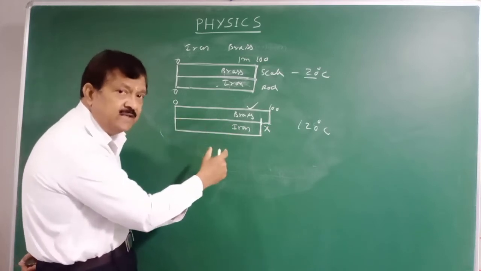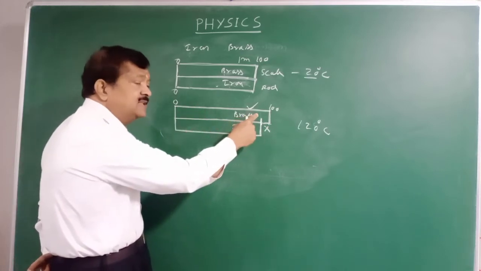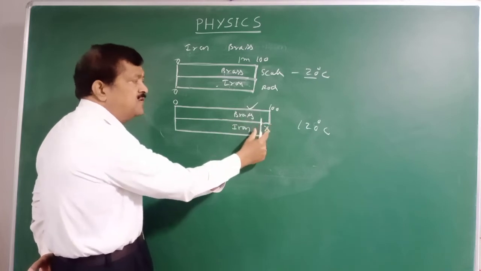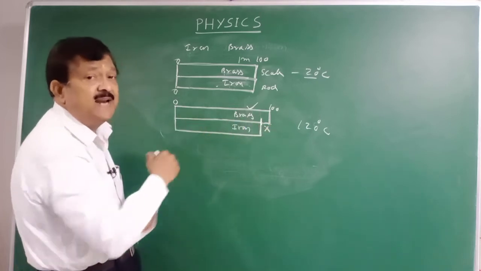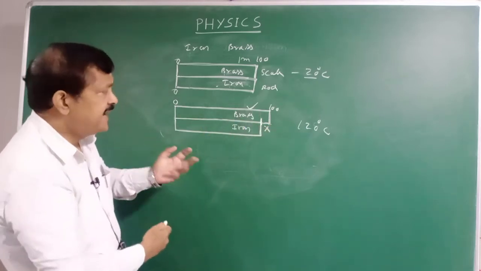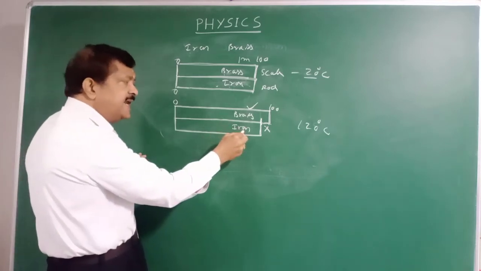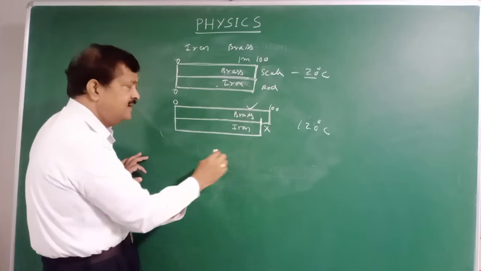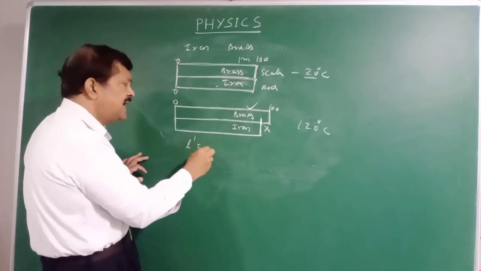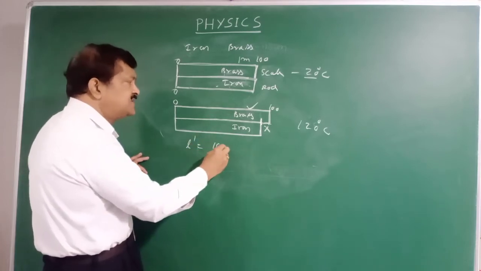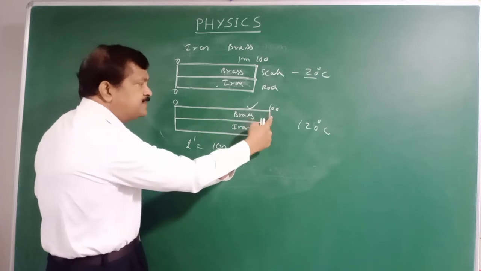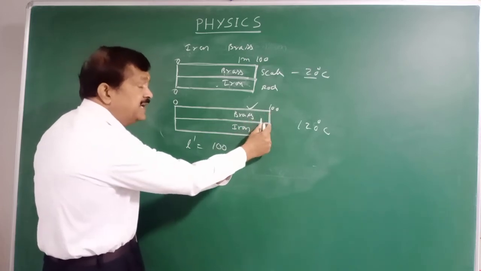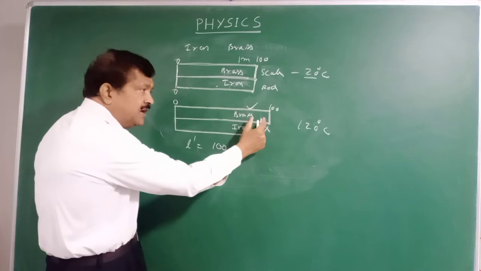Therefore, the length of the iron rod is smaller than the length of the brass scale by the same amount x, which is the differential expansion. Very clearly, if you want the length of this iron rod as measured by the same brass scale, let us say L dash equal to the initial length 100, but very clearly up to this point it is 100. So this part is deficient. This part you have to subtract.